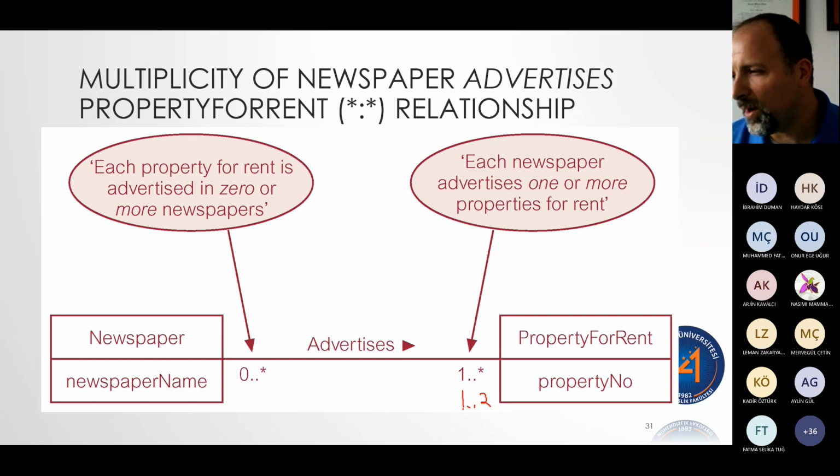So 1..2 is saying specifically 1 or 2 only, and that's all it can be in the future. Currently, the example data only had 2 properties for that one newspaper, but that doesn't mean that's how we're going to keep it forever.